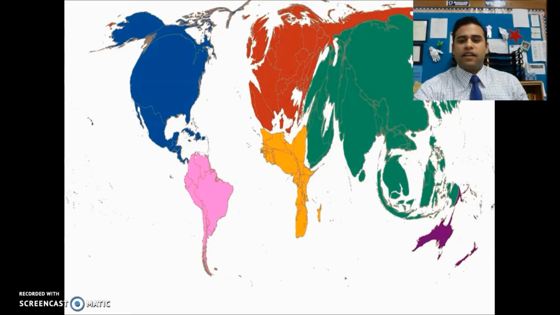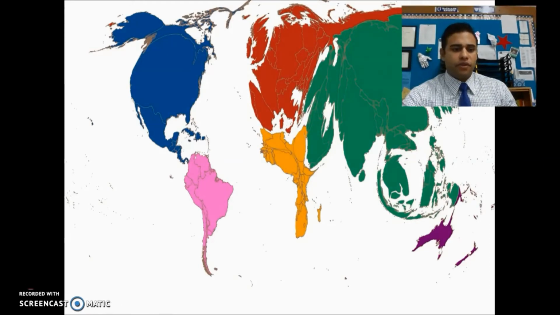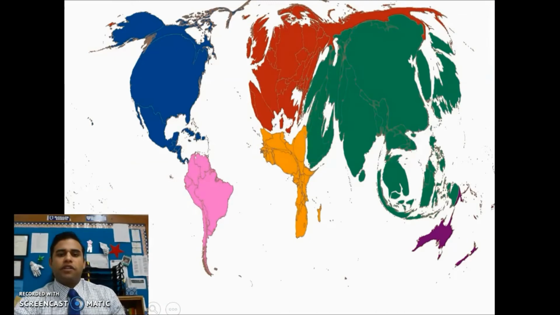What I've got here is a cartogram map, and there's nothing really to note here. I just wanted you to get a little perspective on some of the world GDPs. This isn't the best map, but I couldn't find one that isolated individual countries. So what I have here are continents: North America, South America, Europe, Africa, Asia, and Australia.